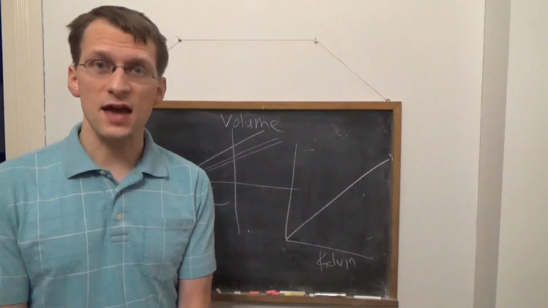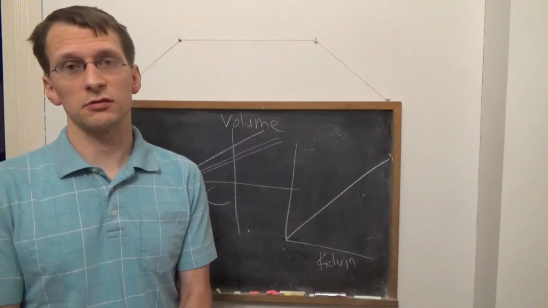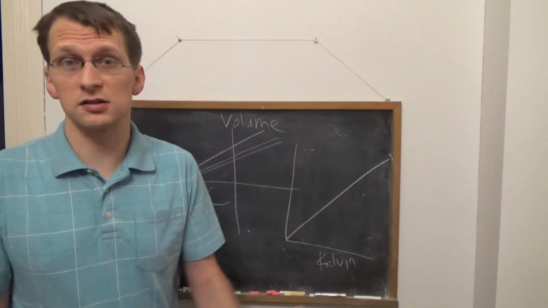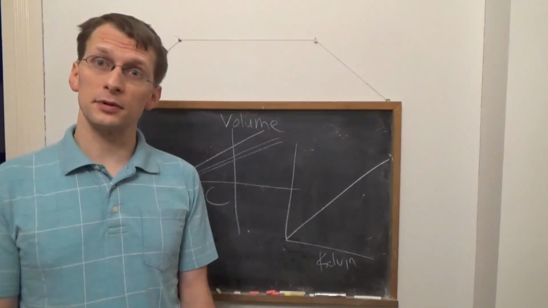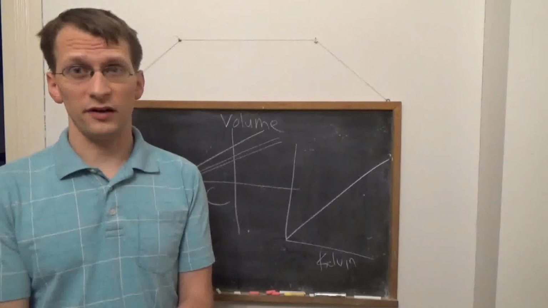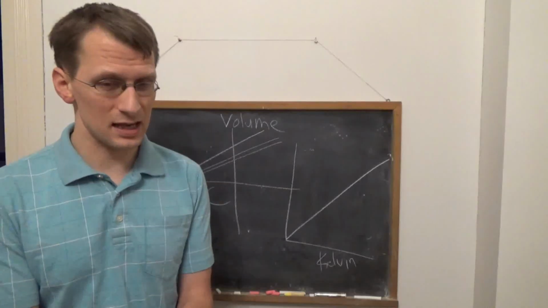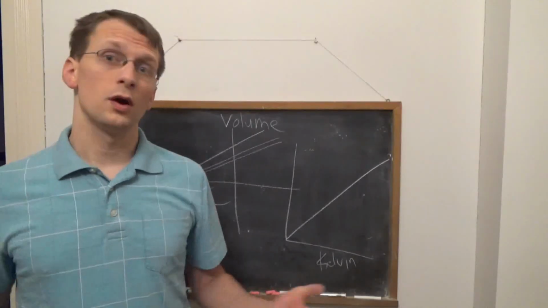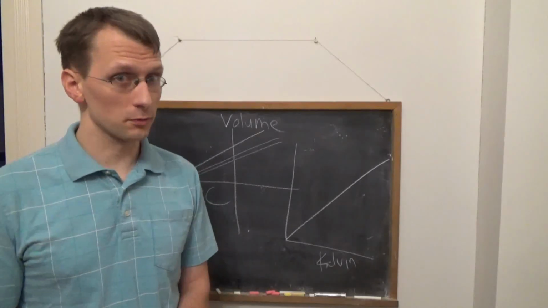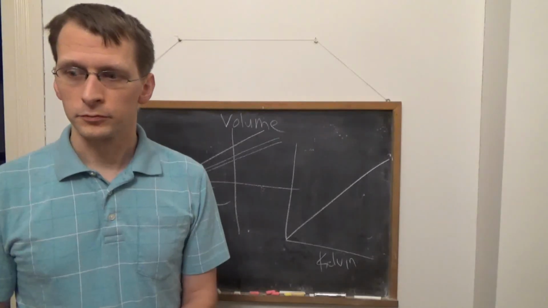But we're never going to be able to get to 0 Kelvin because that would violate the Heisenberg uncertainty principle, because we would be able to know the position and momentum of particles at the same time. So we're never going to be able to actually get there. But we can get really close, apparently.